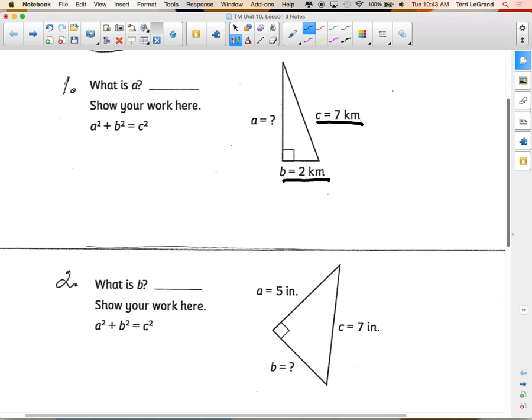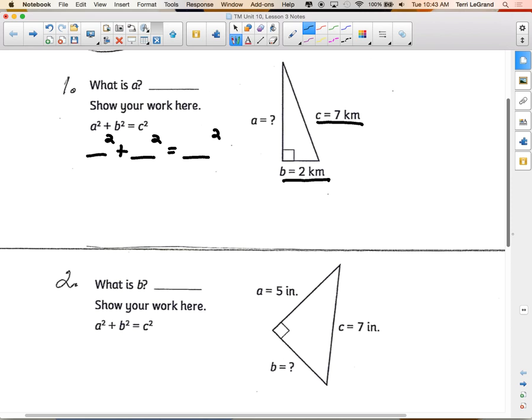So first of all, I'd like you to write something squared plus something squared equals something squared. So we're going to substitute in. What could we put in for A?